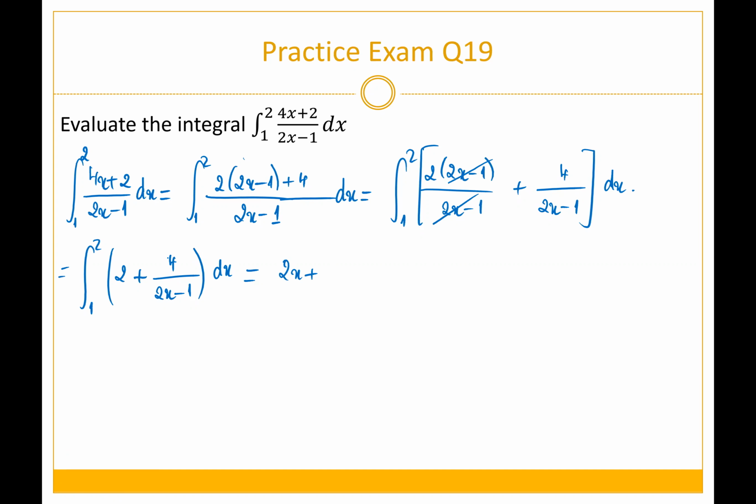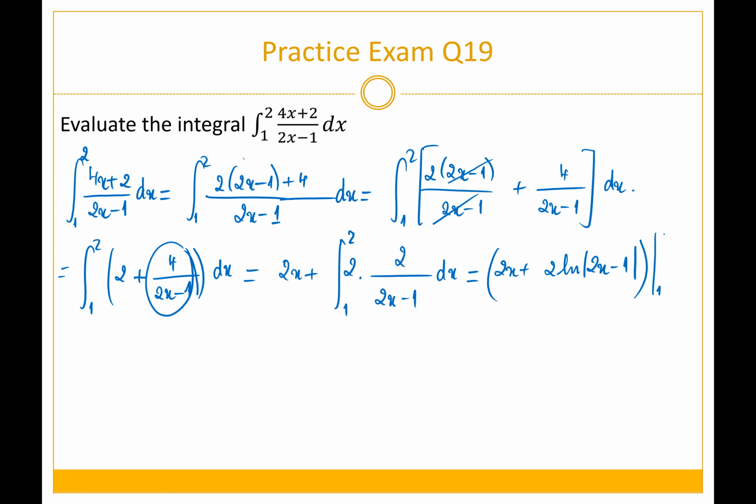When you take this integral, you have to take care of the fact that the derivative of the denominator is 2. So it's going to be 2 multiplied by 2x minus 1 dx from 1 to 2. And that is going to give us 2x plus 2 ln of 2x minus 1 from 1 to 2.